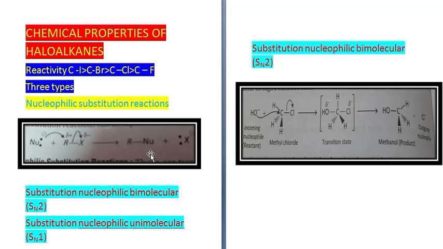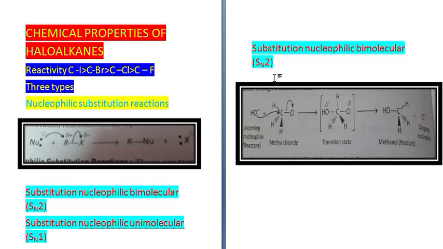Now there are two types of nucleophilic substitution reactions. First is substitution nucleophilic bimolecular reactions, which are also called SN2 reactions, and substitution nucleophilic unimolecular reactions, which are called SN1 reactions. We will study SN2 reaction first.